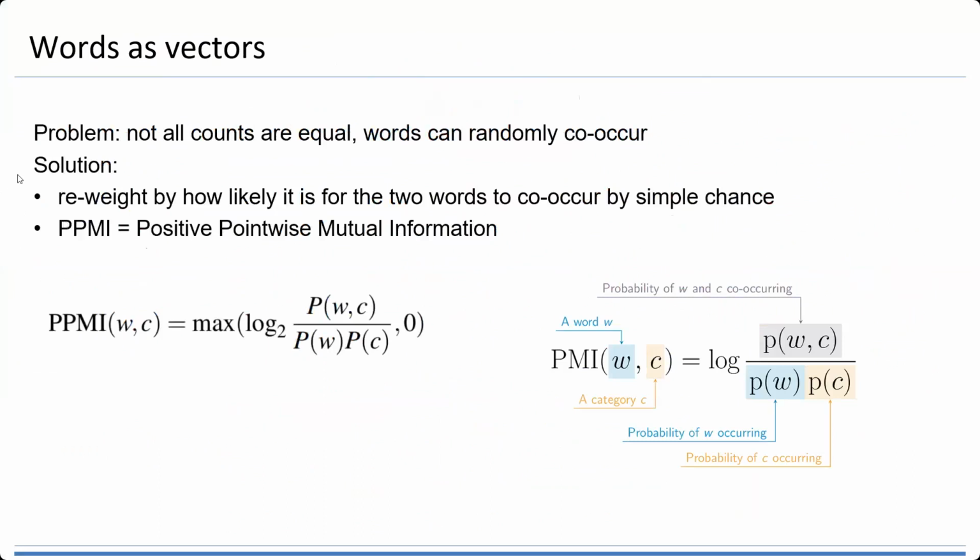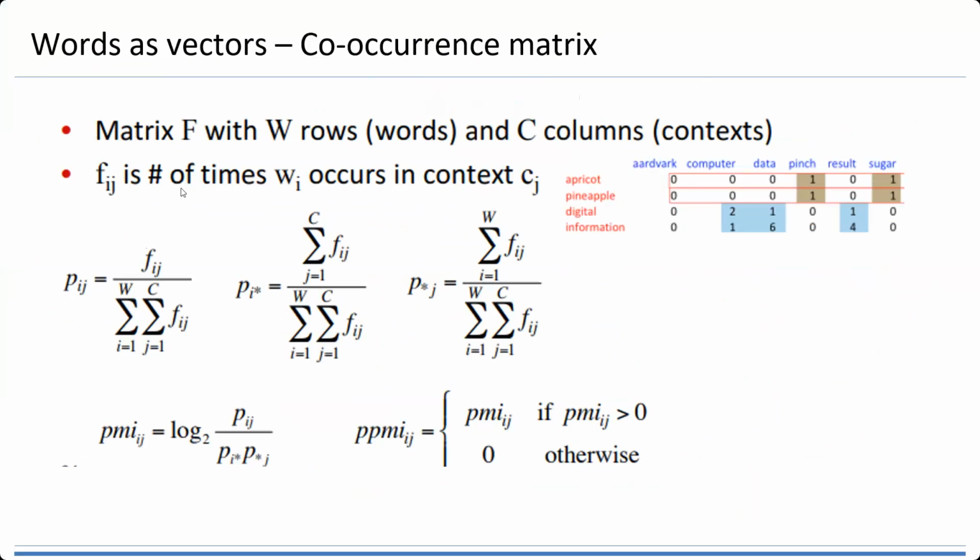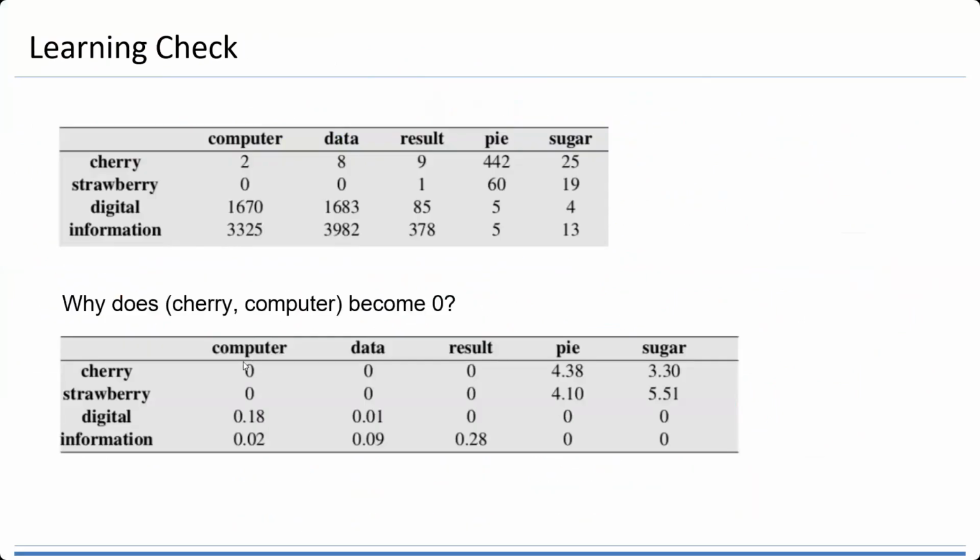So we want to check the maximum. If the log is negative, then we will select 0. So later you can calculate by yourself. This one is 0 because the log result is negative. Then this becomes 0. This becomes 0. This becomes 0.